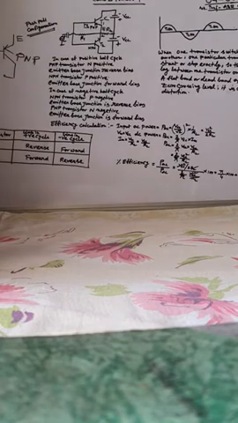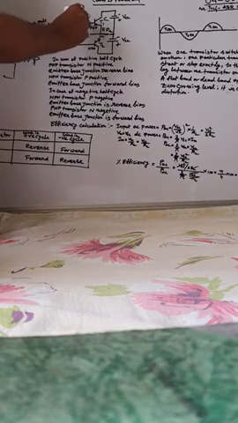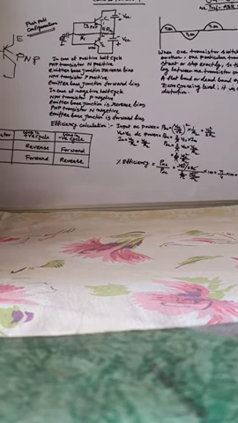In the positive half cycle, this plus polarity will go to the base of the PNP transistor and the base of the NPN transistor.